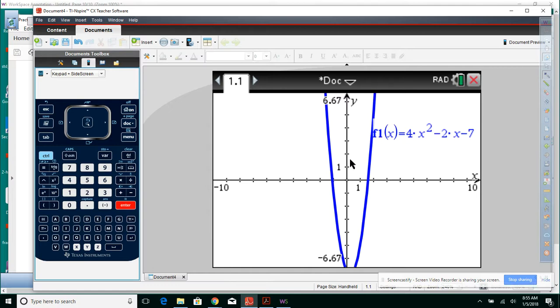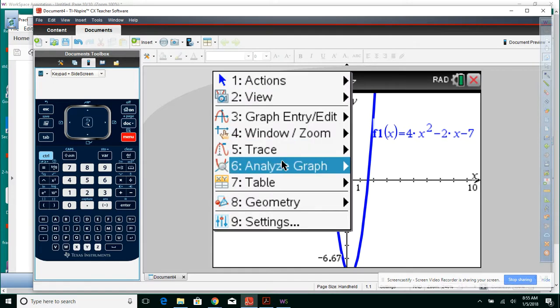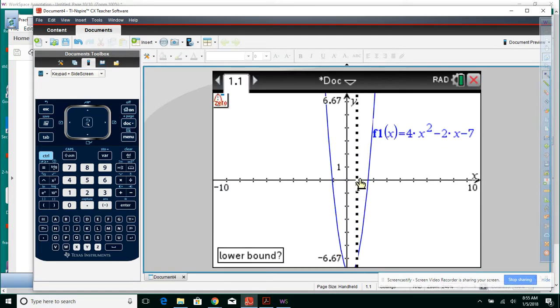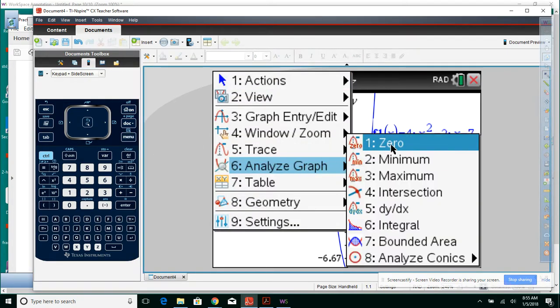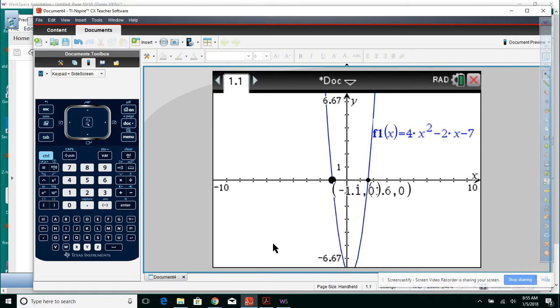Graph. Aha, look at there. Crosses right here. And where are those spots? Menu 6, 1, and that's 1.6. Menu 6, 1, and that's negative 1.1.